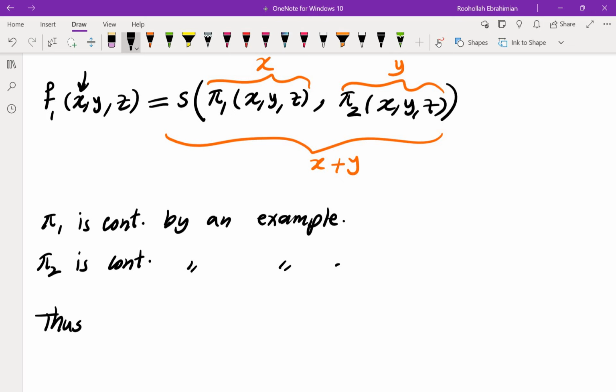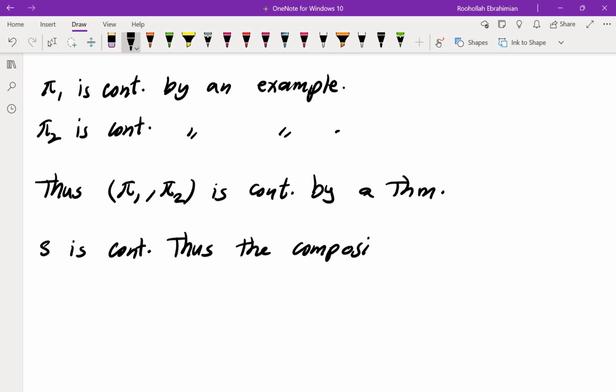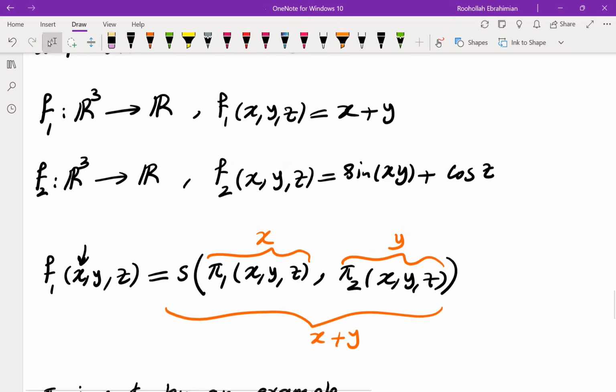Thus, pi 1 comma pi 2 is continuous by a theorem, because if all of the coordinate functions are continuous, then the original function is also continuous. S is continuous, thus the composition S of pi 1 comma pi 2 is continuous. Okay, so that gives us the first coordinate function.